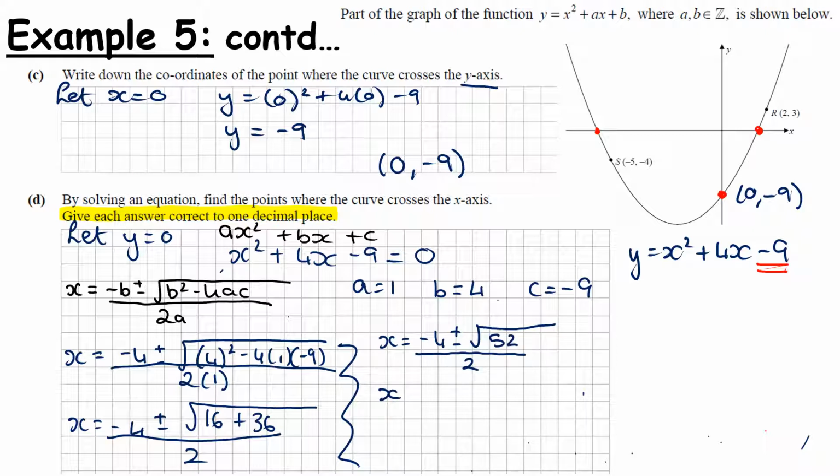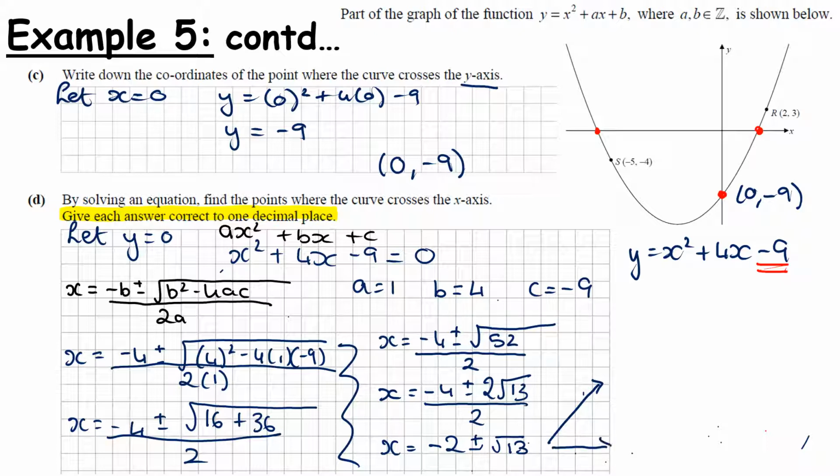We can simplify this down to minus 4 plus or minus 2 root 13 all over 2, and this is x equals minus 2 plus or minus the square root of 13. So if you're asked in surd form, that's our two answers.